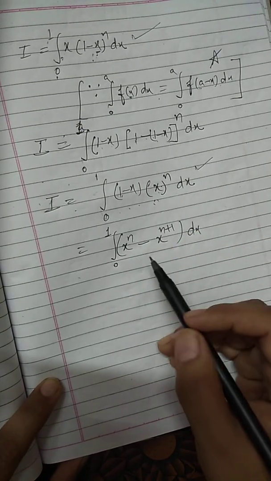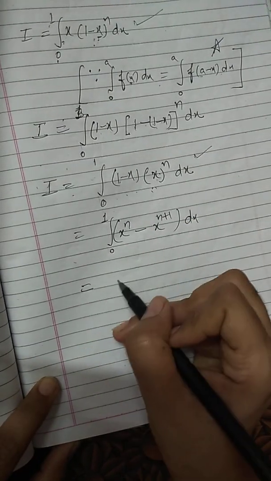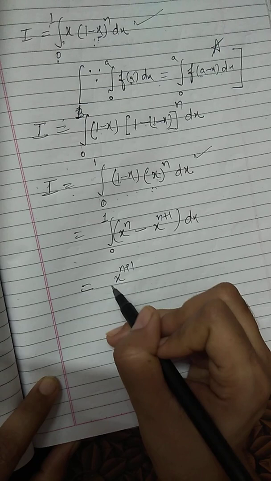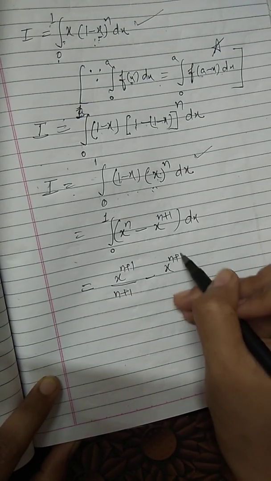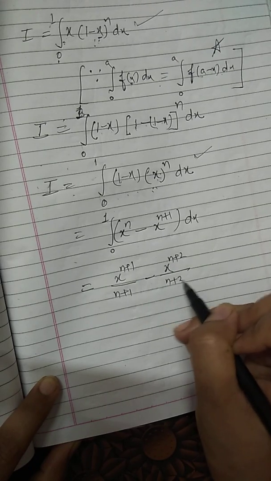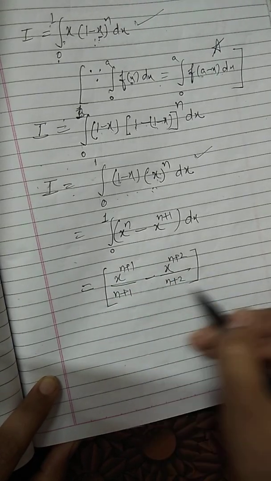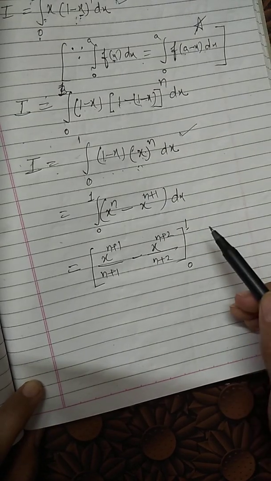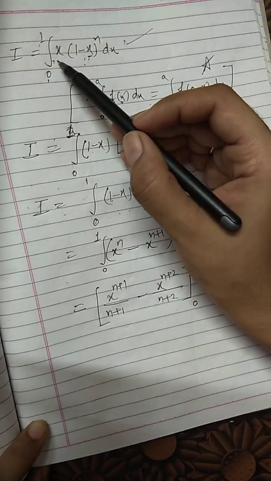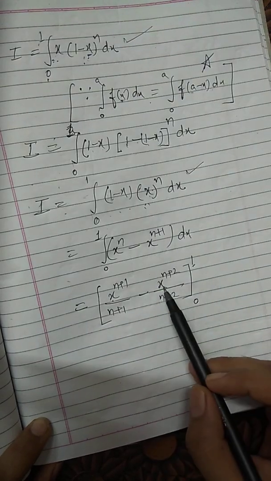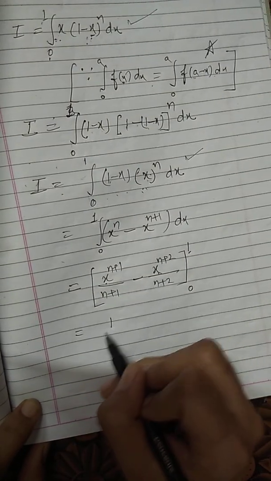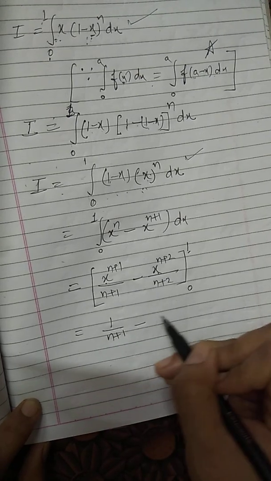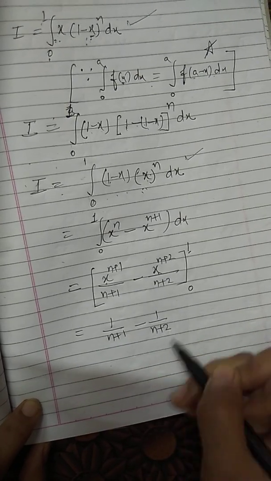And everybody knows how to integrate, that means the power rule we will apply. It will become x raised to power n plus 1 upon n plus 1, minus x raised to power n plus 2 upon n plus 2. The integration is done. The limits are 0 to 1, for the variable x, so wherever x is there, we put 1, and we get 1 upon n plus 1 minus 1 upon n plus 2.